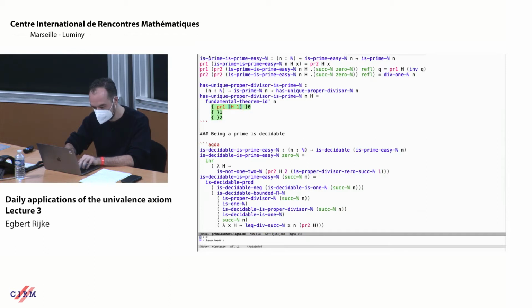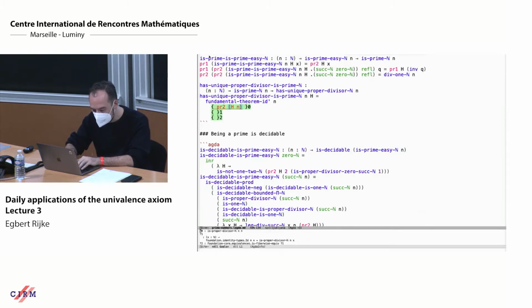Is prime n. 1n is proper divisor. Okay. Thank you. Yeah, so this one, if we put second projection here, then is 1n. Is that an assumption? Okay.